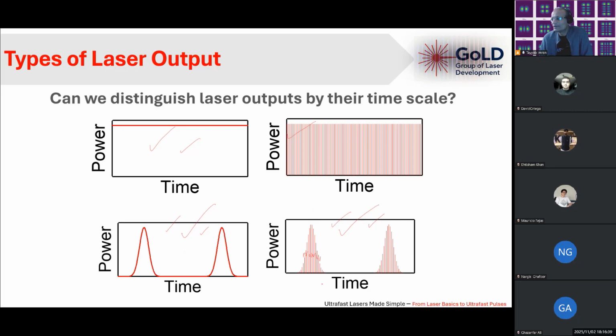Okay, Nargis, did you understand this thing? Yes, sir. For me, if we distinguish the lasers on the basis of their time scales, there are continuous wave lasers and discrete or pulse lasers.